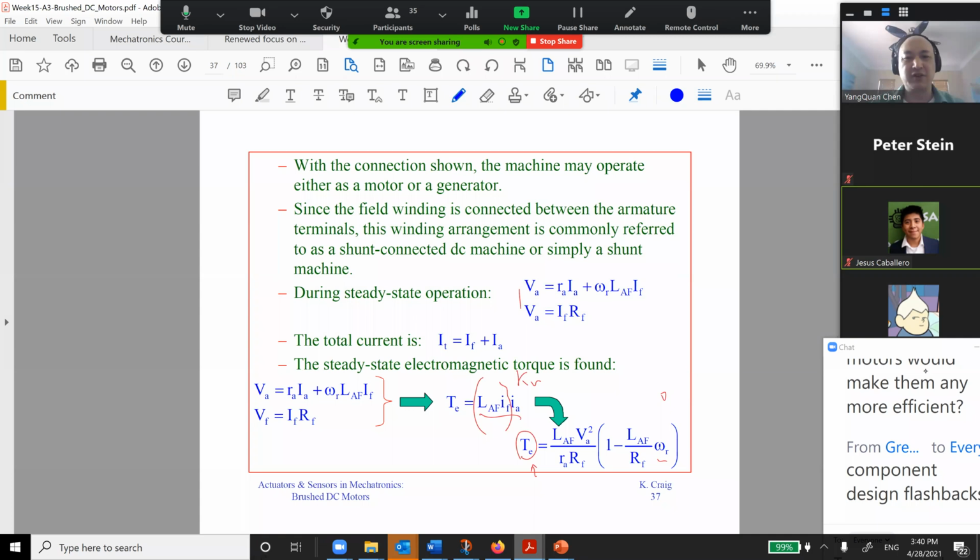Finally, you can see the torque is proportional to the omega in such a way. If you draw a plot of torque versus omega, when omega is 0, the torque is big. When omega is high, the torque is small. So we have this characteristic for the shunt connection.